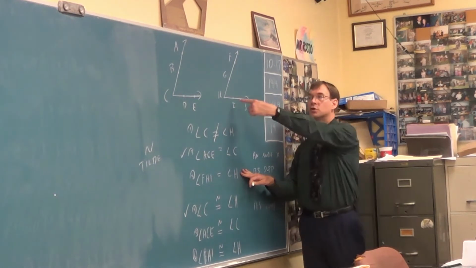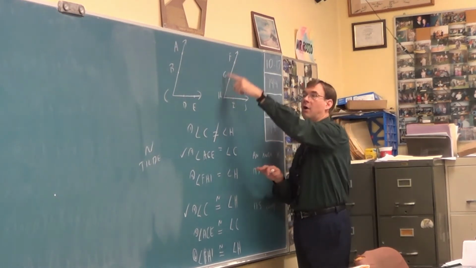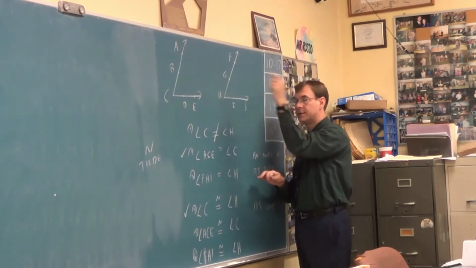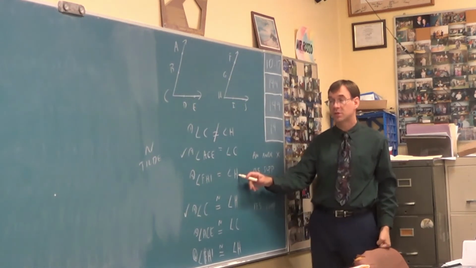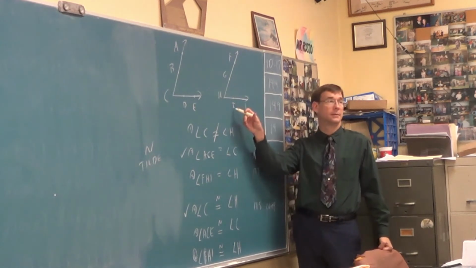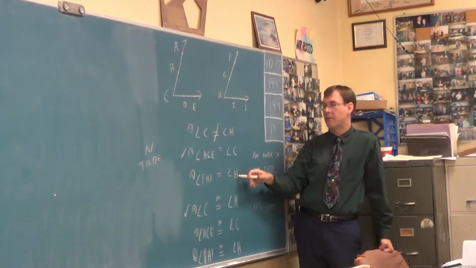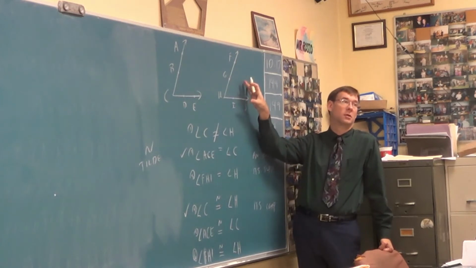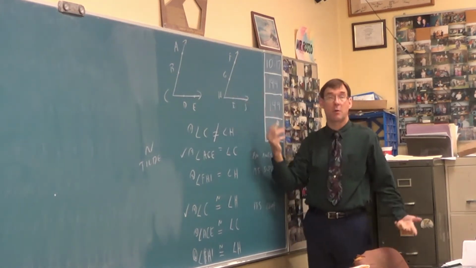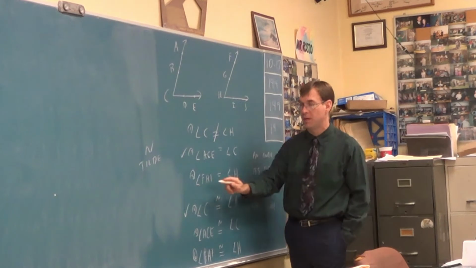Yes, those are both names for this drawing. Angle FHI is here, angle H is there. Are there other names too that would be equal to these? Could you give me one more example of an angle that's another name for this same picture? GHI. Angle GHI would work just fine. Those would continue to be equal angles.